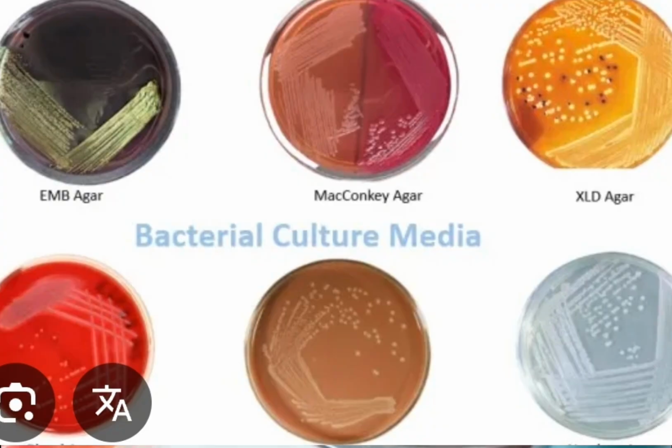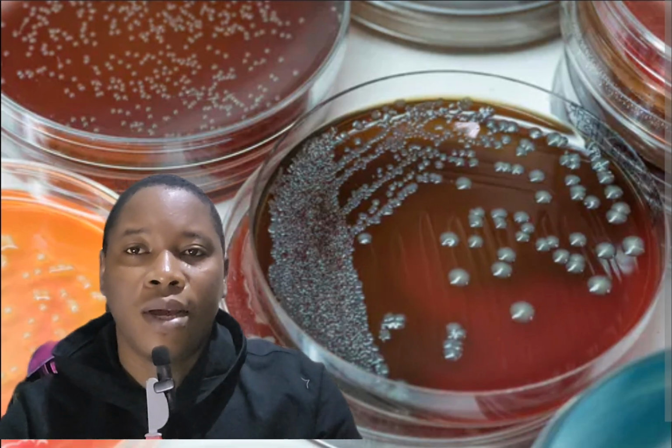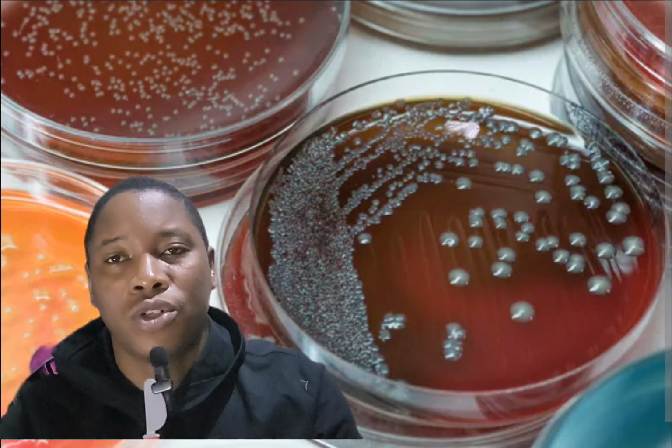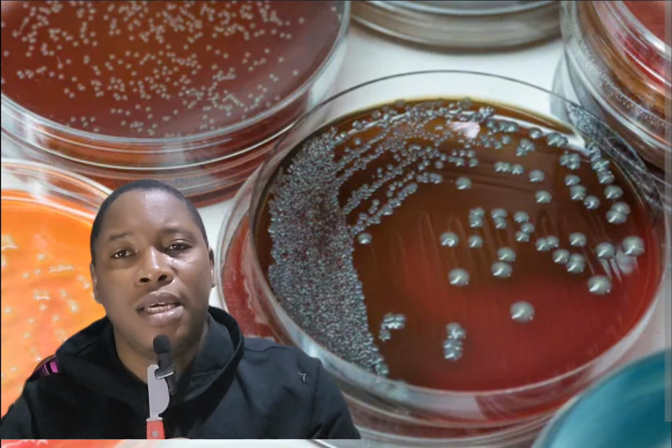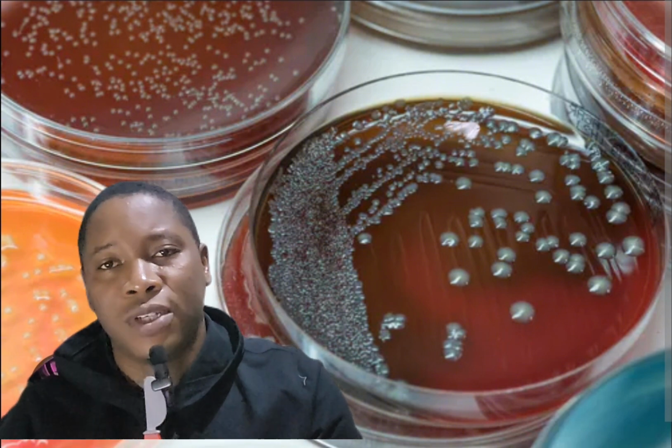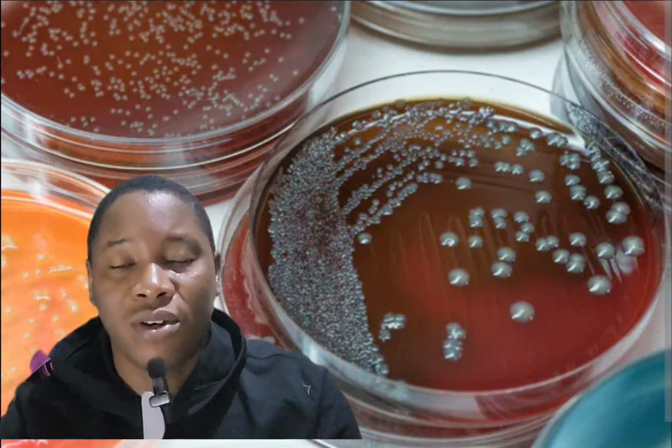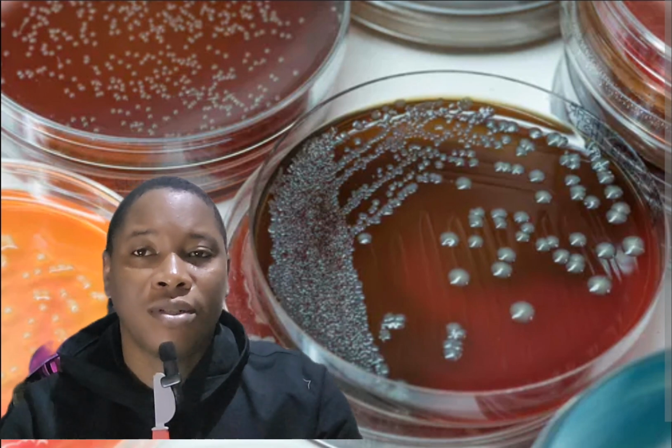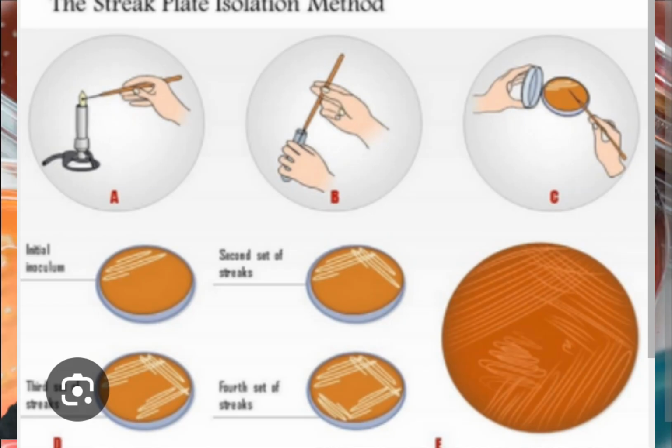This is what we call a pure culture. So when we create a pure culture in the laboratory, we are able to interrogate it. And many a time, a lot of the work that we have to do is first of all trying to identify this organism, and we have different methods that we use to try and identify this organism in the laboratory.